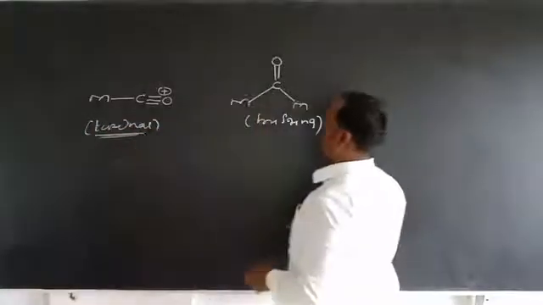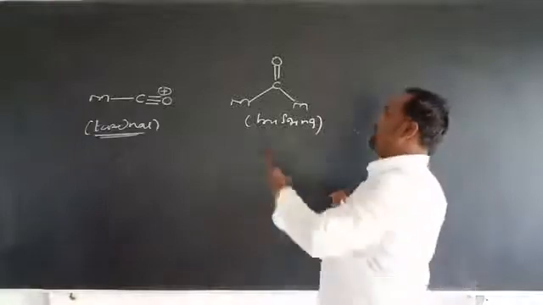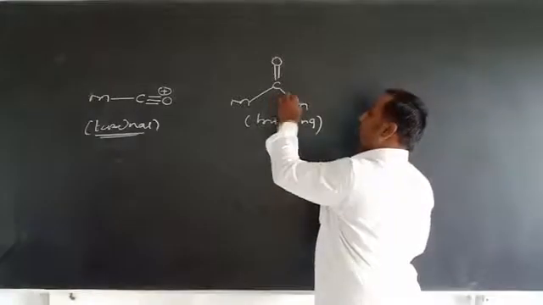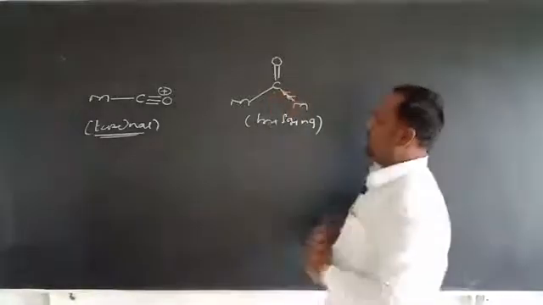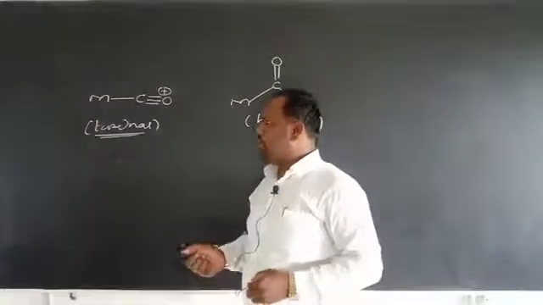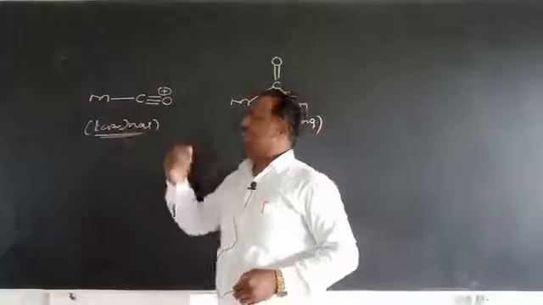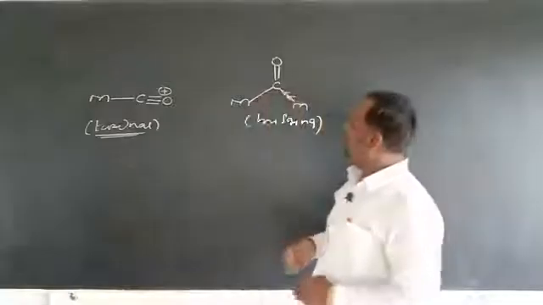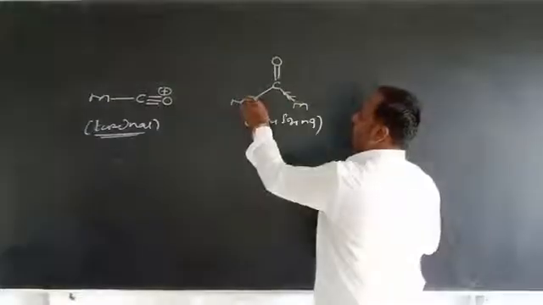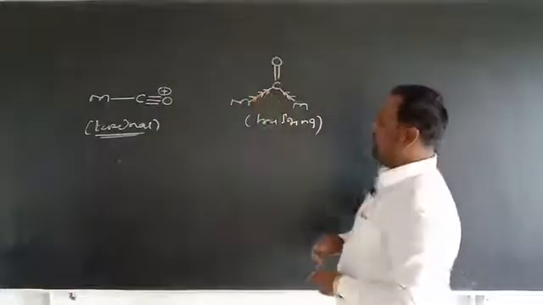In the bridging case both metal atoms donate electrons, that is pi back bonding. In the terminal case only one metal atom is involved in pi back bonding; in the bridging case two metal atoms are involved in pi back bonding.